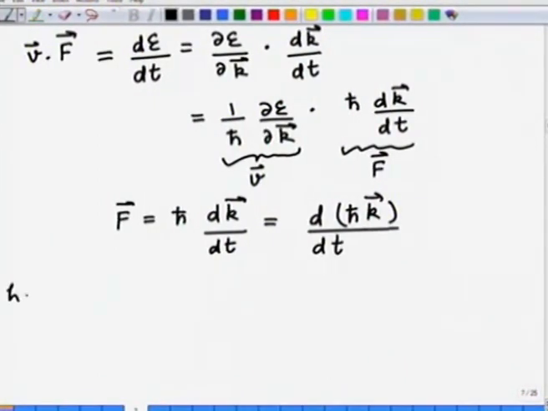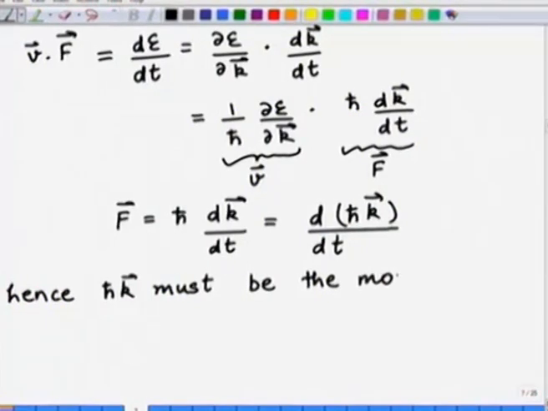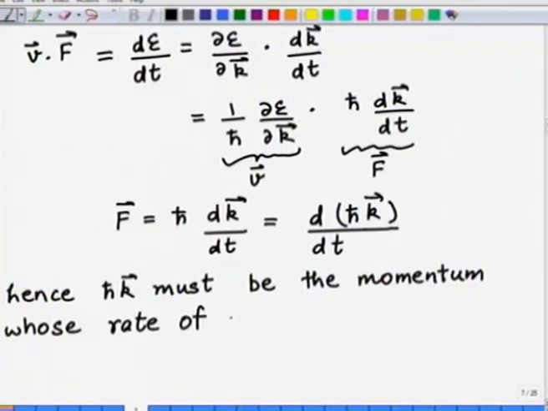So, hence h bar k must be the momentum whose rate of change is the external force.